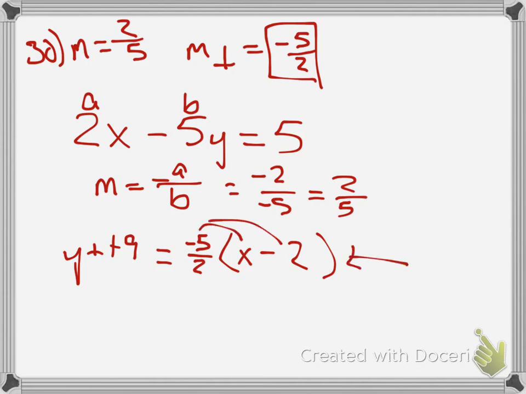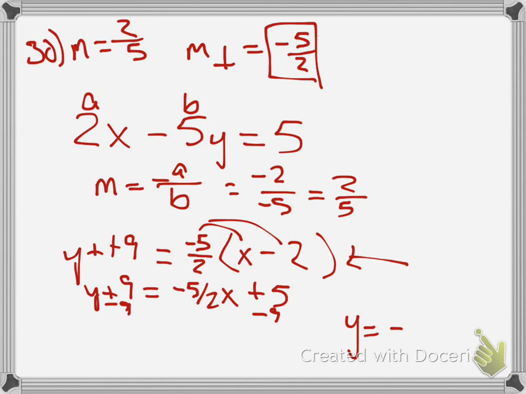But if I were to say slope-intercept form, y plus 9 is equal to negative 5/2 x plus 5. Trust me, it comes out that way. Subtract 9 from both sides, so y is equal to negative 5/2 x minus 4. And then you would be done. There you go.